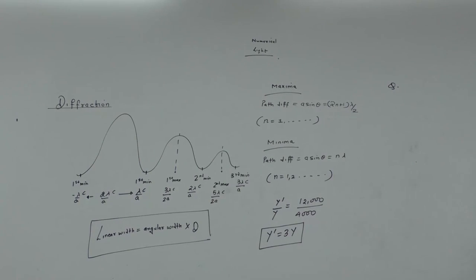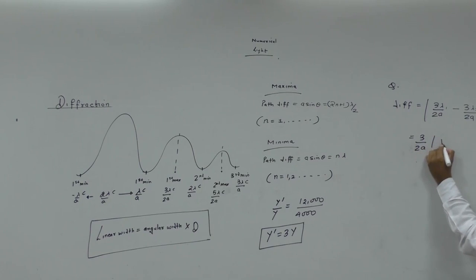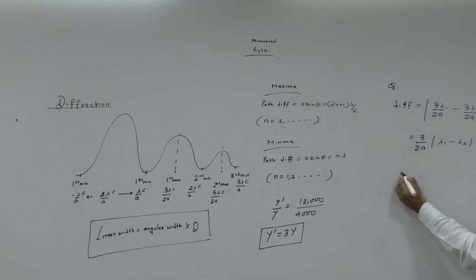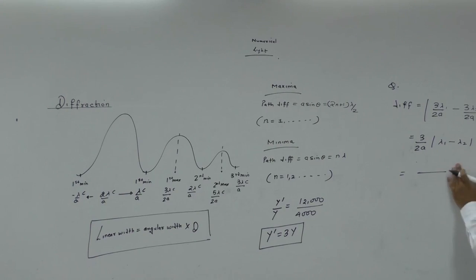So what do they require? They require the difference between both the cases. That means 3 lambda by 2a for the first one minus 3 lambda by 2a for the second one, with the modulus sign, as I don't know which is bigger. Did everyone understand? In the first case it will be this, in the second case it will be this, we need the difference of both. What is common? 3 by 2 is common. Can I say lambda 1 minus lambda 2? Solve for this value and you will get the answer in meters or Armstrong or nanometers, whichever it is.